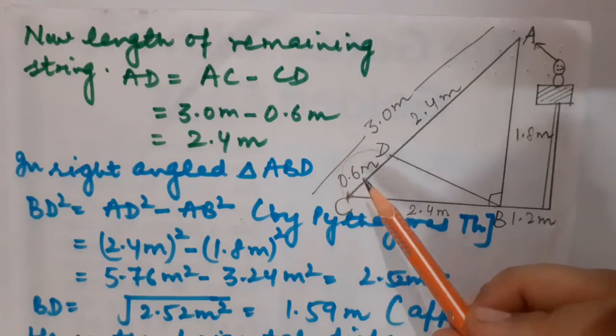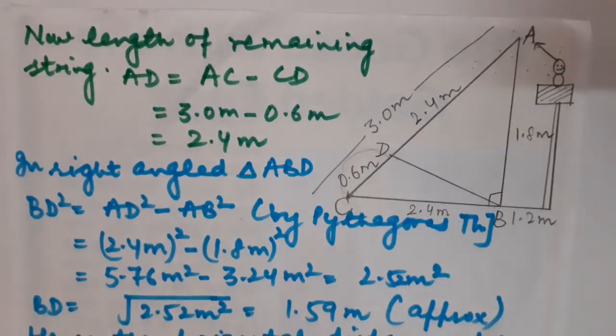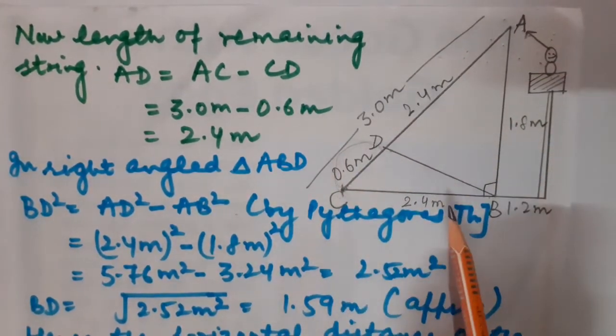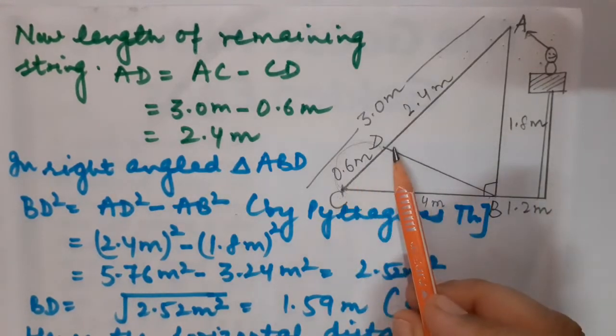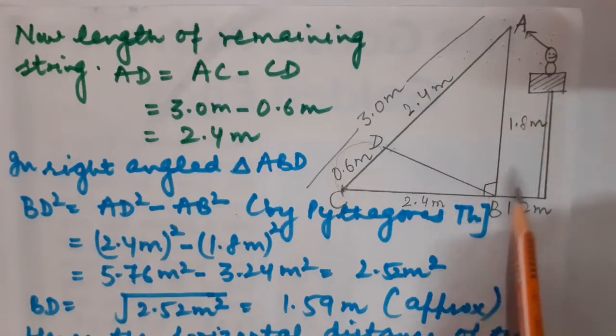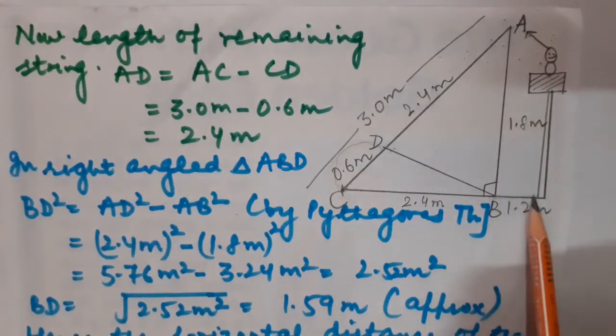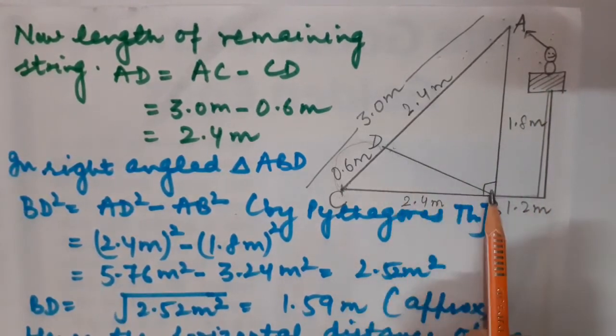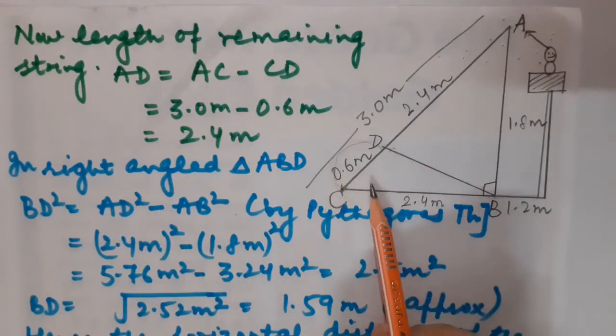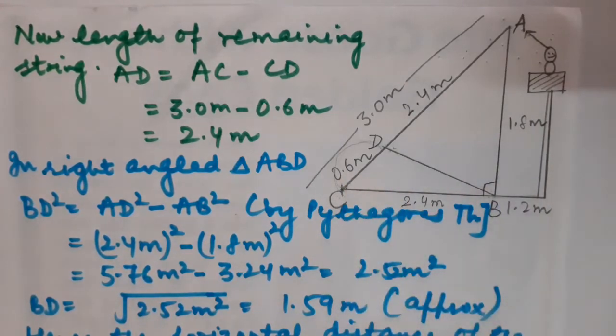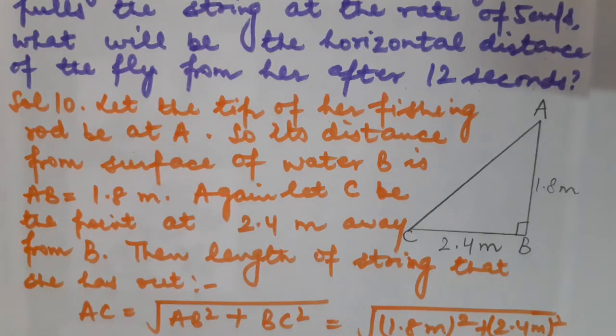Ultimately we will have to tell what will be the horizontal distance of the fly from her. She is sitting over here. Definitely I have to take this distance in 12 seconds. Understood?